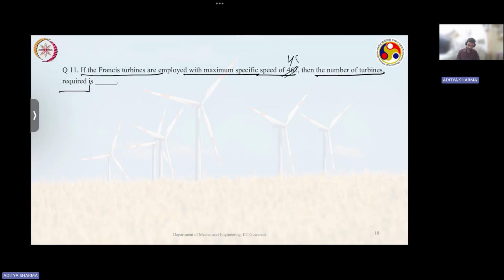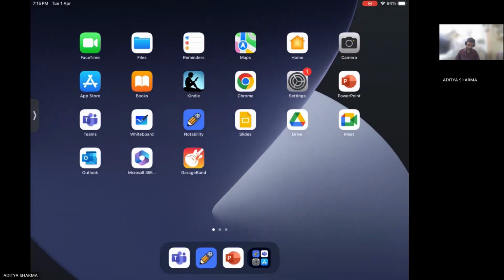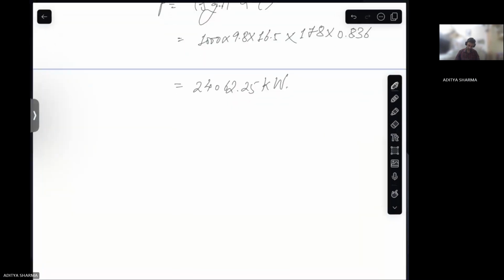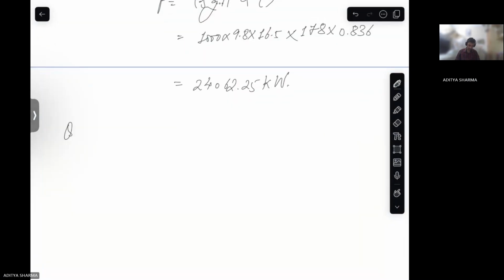Then write as 451. Specific speed is 451.